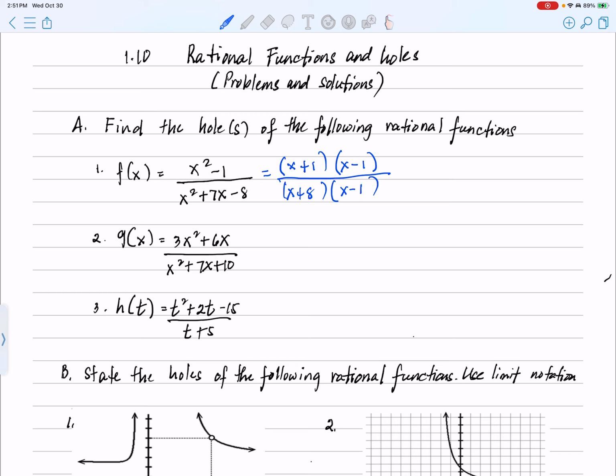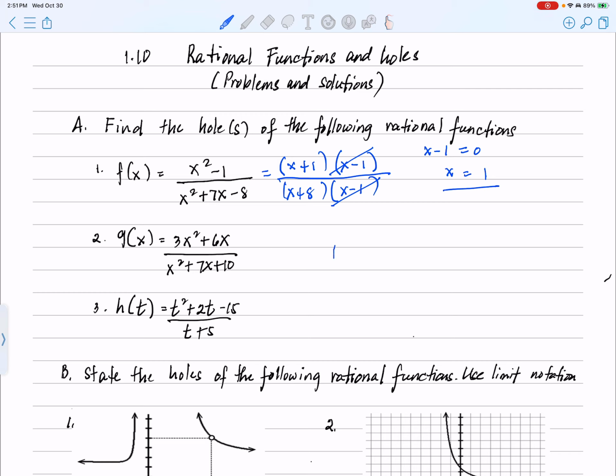We can see a common factor in the numerator and in the denominator, which is x minus 1. If we equate that to 0, then x is equal to 1. And this is the hole in number 1.